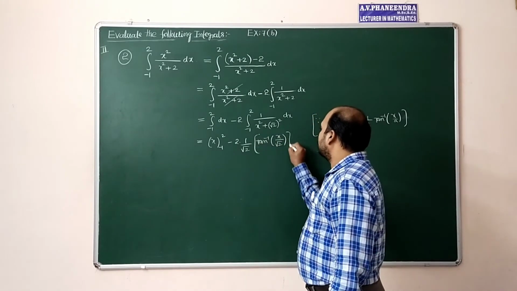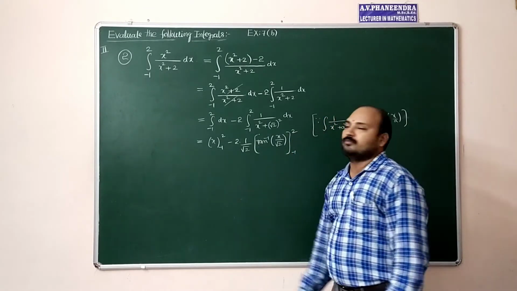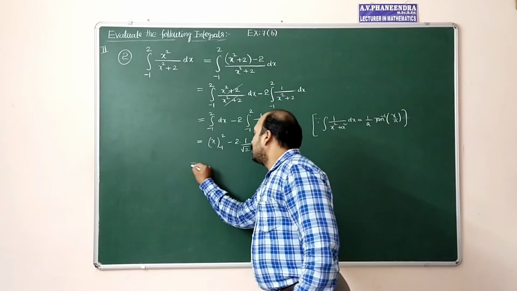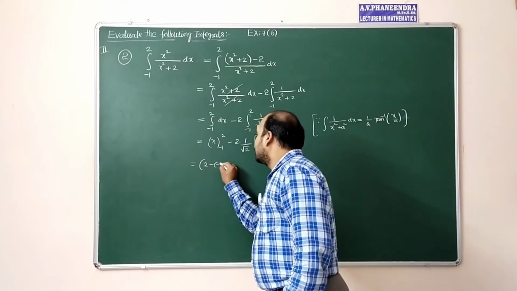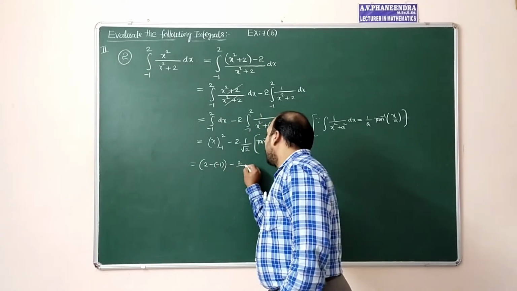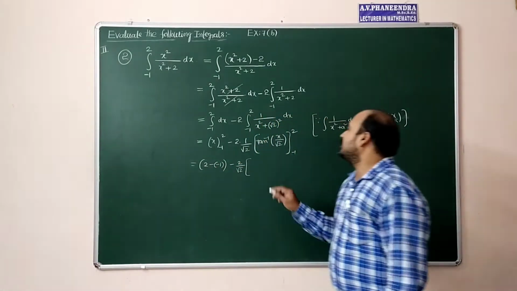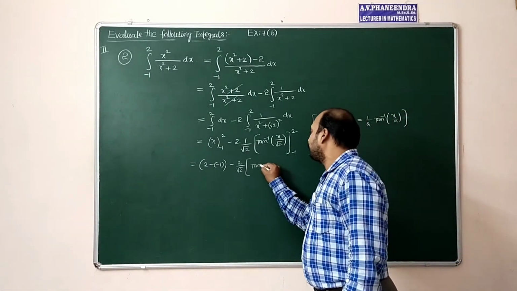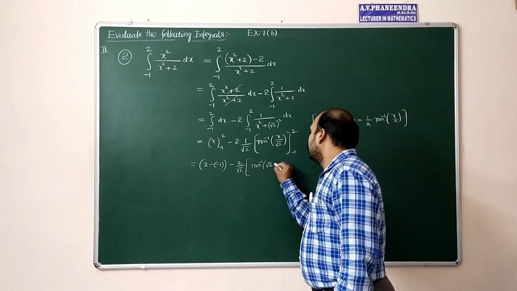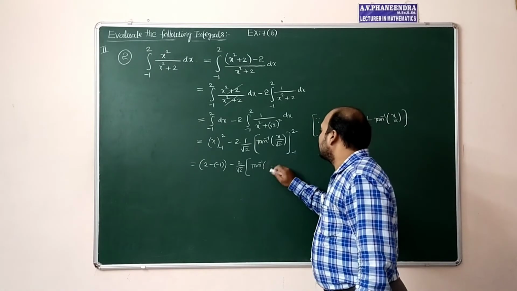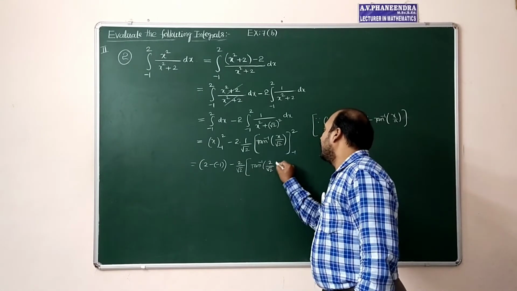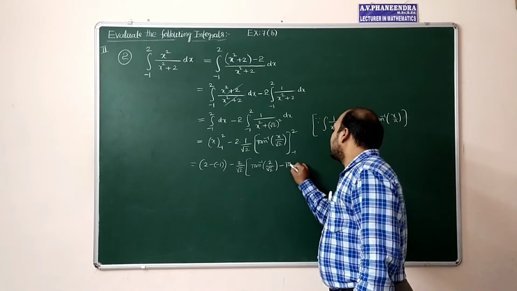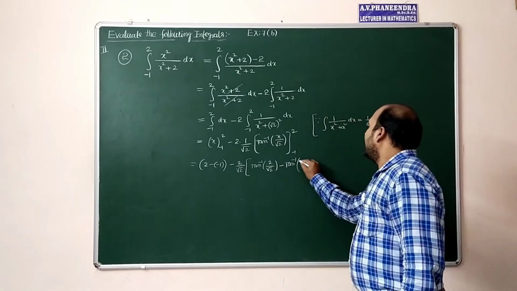Applying the limits minus 1 to 2, which is equal to 2 minus of minus 1, plus 1 minus 2 by root 2. First, in place of x, the upper limit, you have to substitute: tan inverse of 2 by root 2, in the next step will write minus tan inverse of minus 1 by root 2.